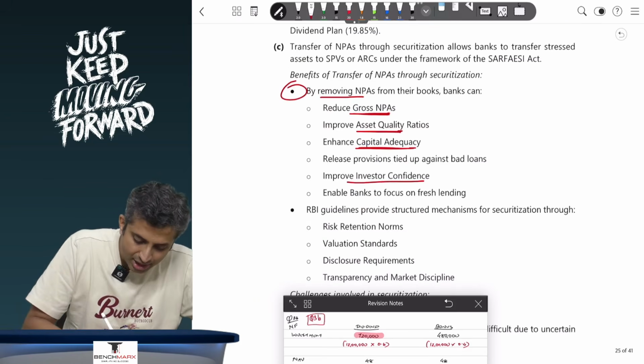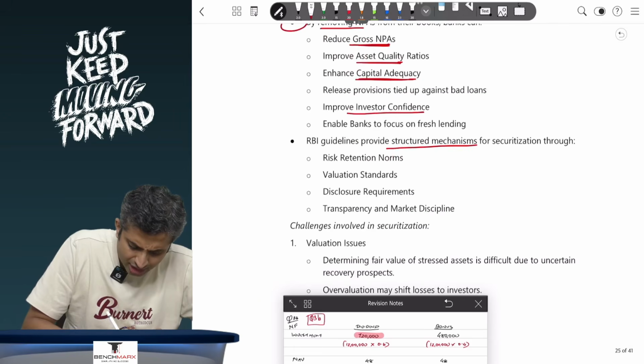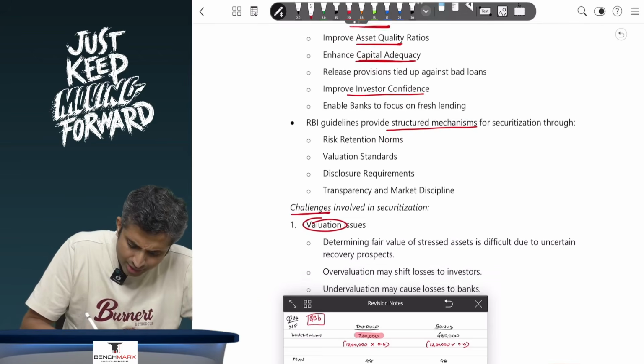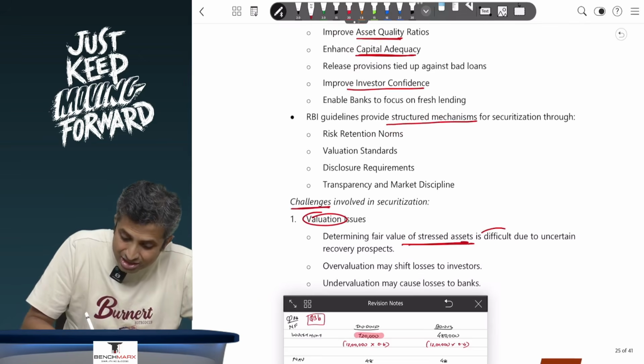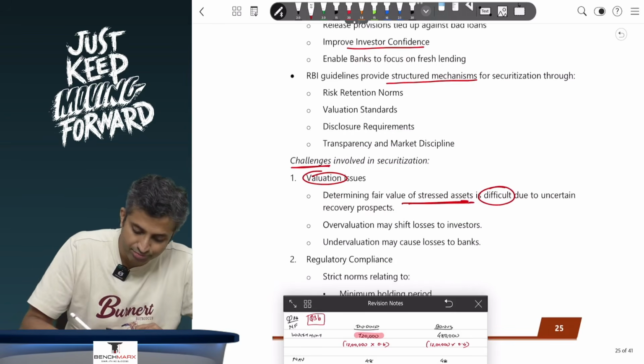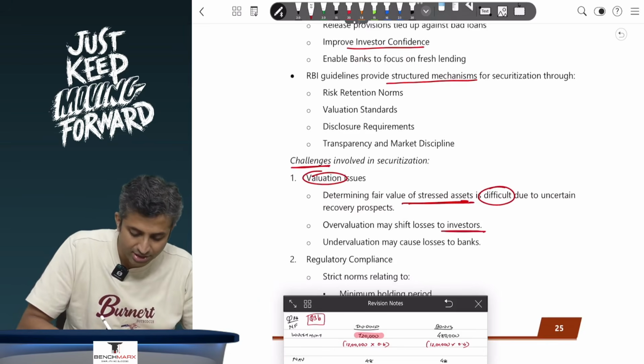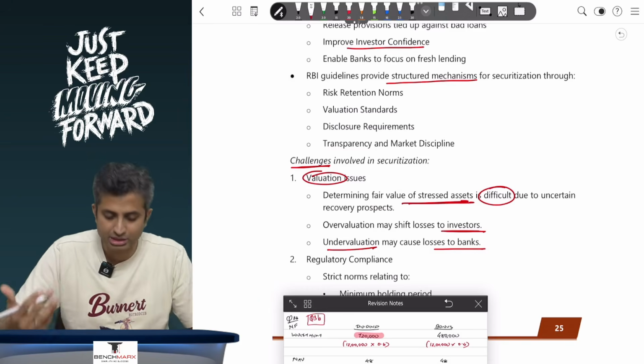Also, RBI guidelines provide structured mechanisms for securitization, and the challenges involved are valuation, because the fair value of stressed securities is a lot more difficult because we don't know the default rates, the collection, etc. And if you overvalue, then loss may be shifted to the investors, undervalued loss will be caused to the banks. So that is a challenge.